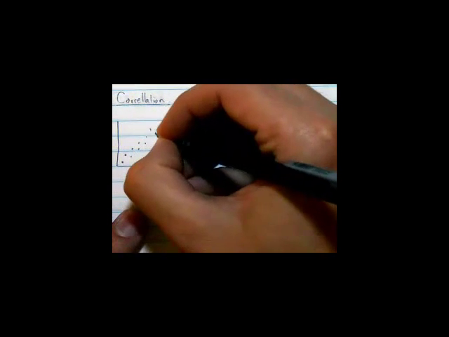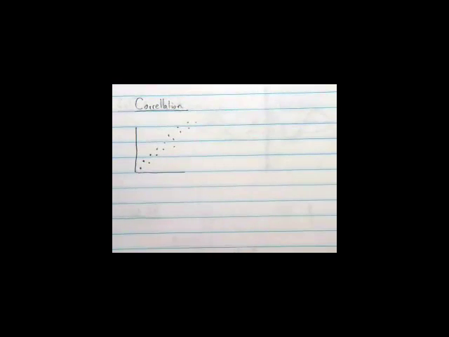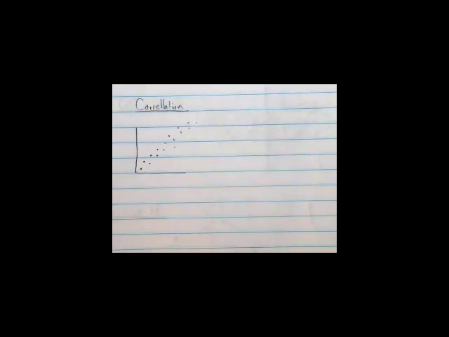So if you've got some kind of scatter plot, and it seems like the dots are all clustered together, so it appears to be pretty linear, we would call that a strong correlation. And if it appears as though the slope of the line is positive, or it's increasing, then we would say it's a strong positive correlation.